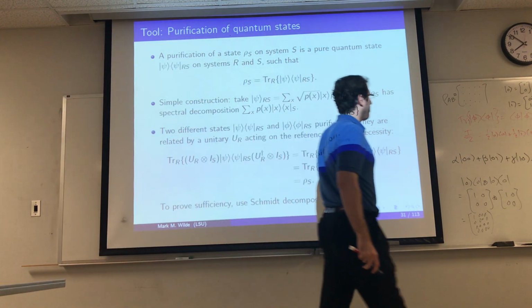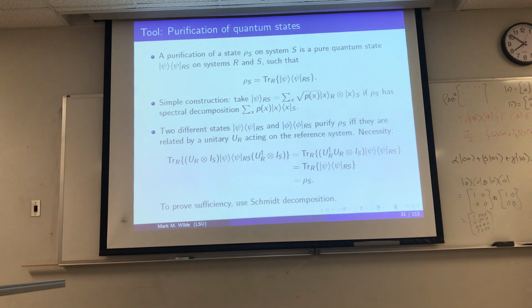And here, how would you get from the purification that I wrote to your purification? If we apply sigma x, the bit flip operation, on this reference system, it would flip 0 to 1 and 1 to 0. That's the unitary that would relate those purifications.